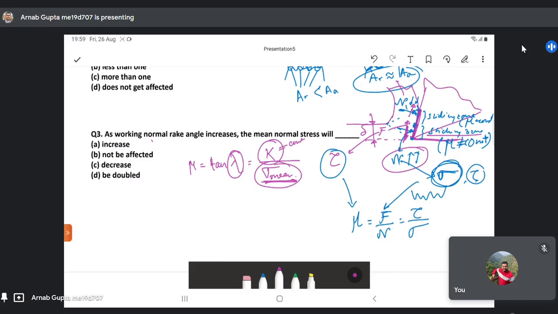So you can see that your question asks about the normal rake angle. So as gamma n increases, initially your tool was like this.